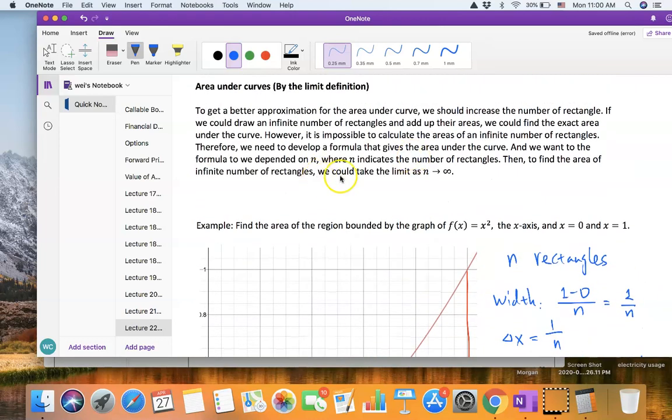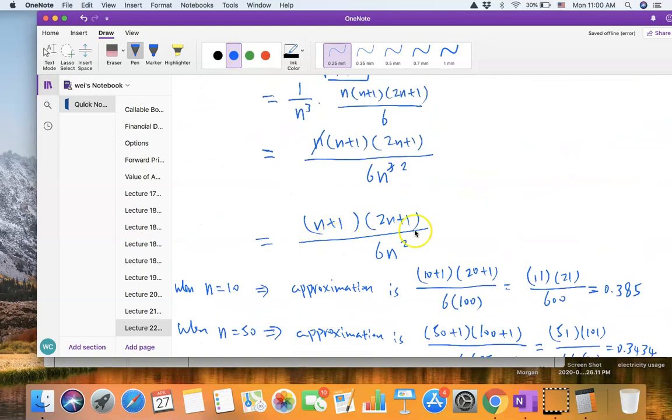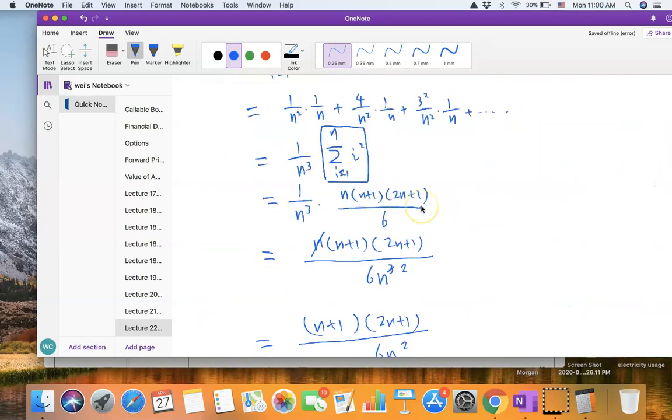So what we're going to do is take the limit of this result. We let n approach infinity, and that will give us the exact area of this bounded region.